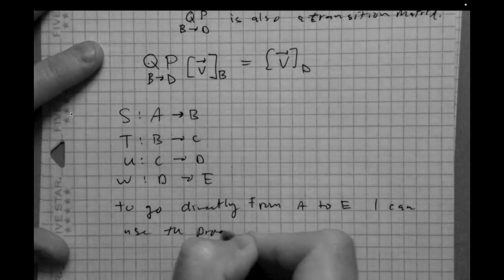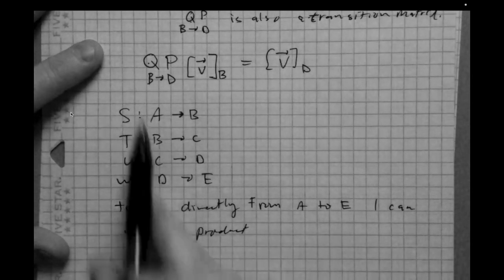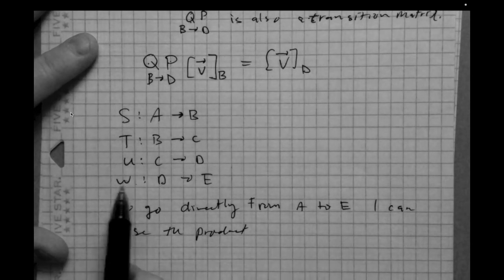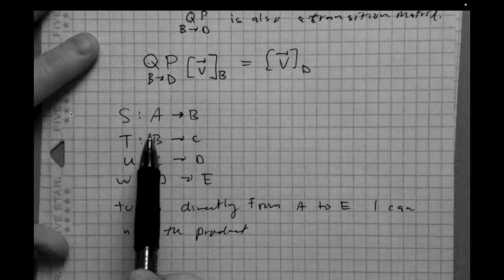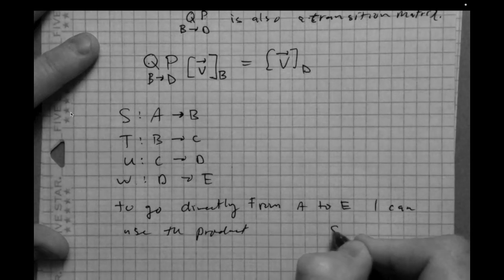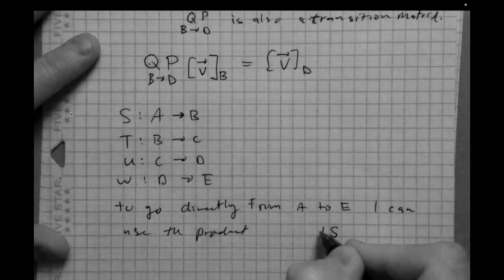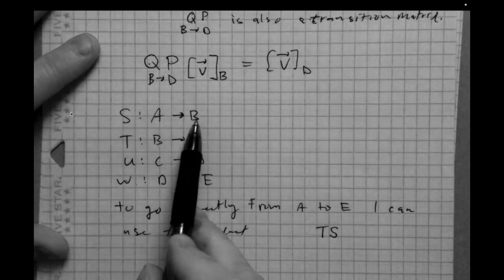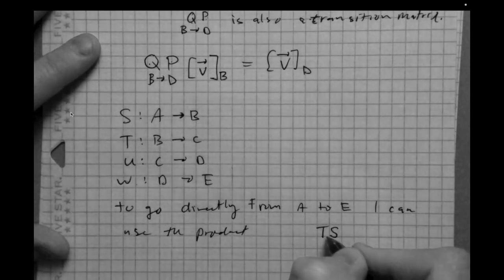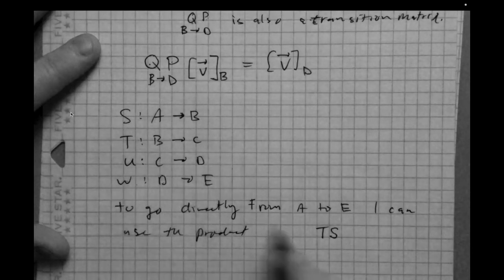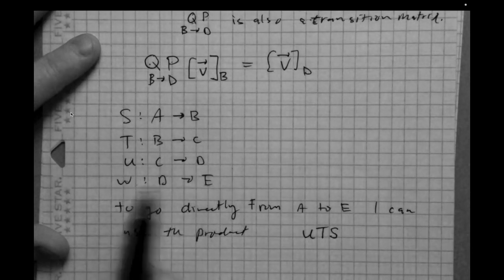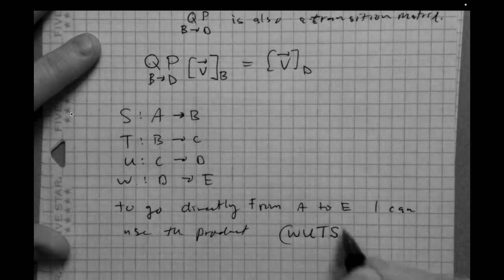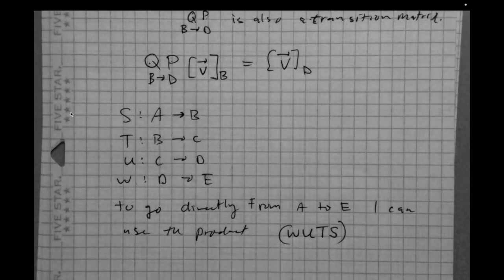To go from A to E, I first hit the matrix to go from A to B, and then I hit the matrix to go from B to C, and then I hit the matrix to go from C to D, and then I hit the matrix to go from D to E. All right, so this is just one matrix. Calculated once, you can do a whole vector space using just this one matrix.